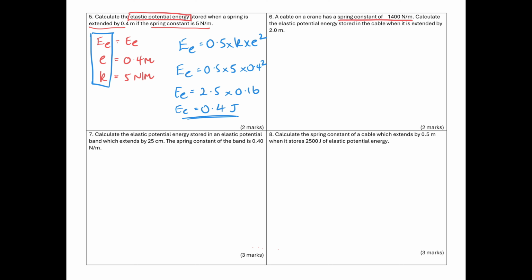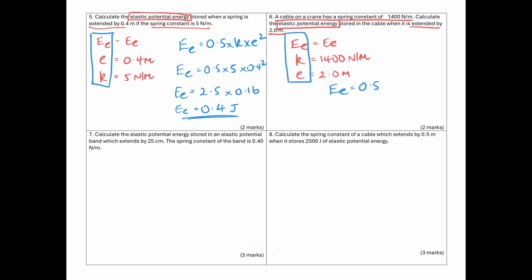In the next one, we've got a spring constant of 1,400, and we again want to calculate the elastic potential energy if it's extended by 2 metres. So EE, you could just put capital E, that's the unknown. k, our spring constant, is in newtons per metre, 1,400, and the extension, it's got longer by 2 metres. We now need to again choose the right equation that has these three in it.